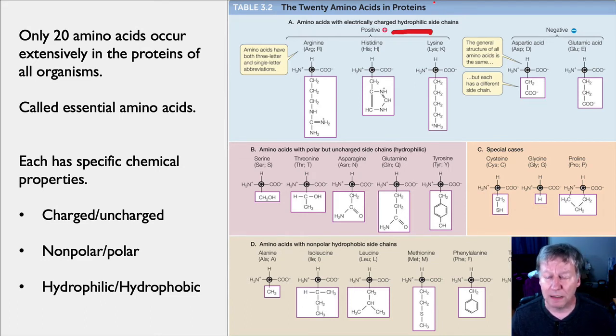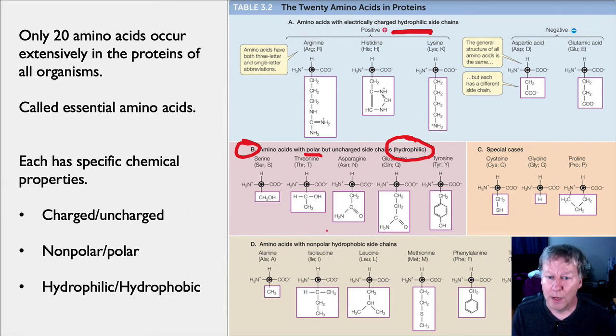So positive and negatively charged amino acids like to interact with water. Also we have some amino acids, our next group, B here, that are uncharged, but they're polar. The R group they have here is a polar molecule, and therefore these are also hydrophilic. They like to interact with water.